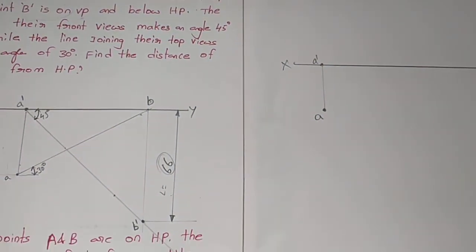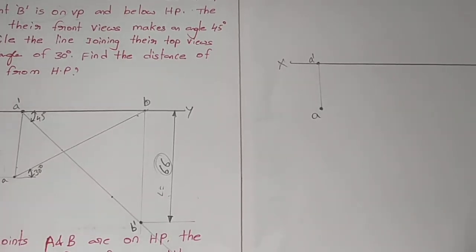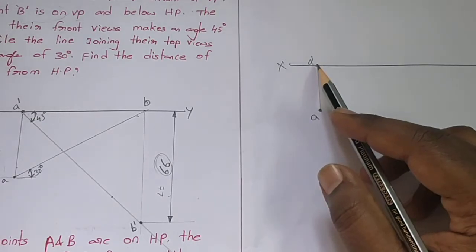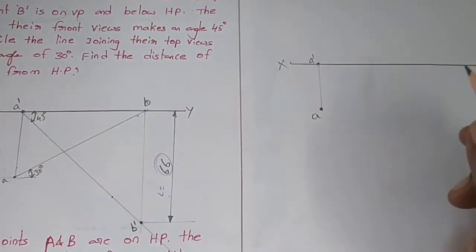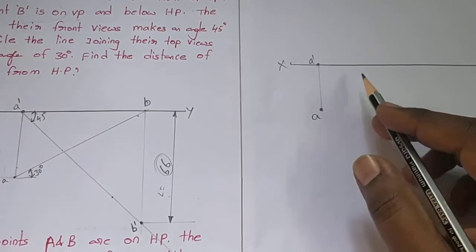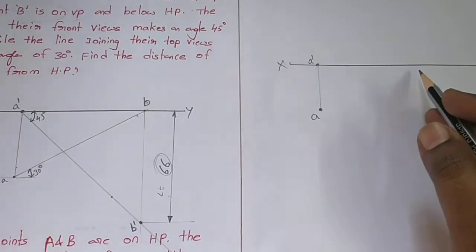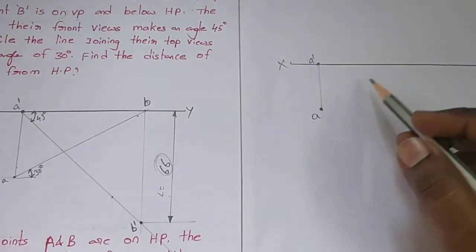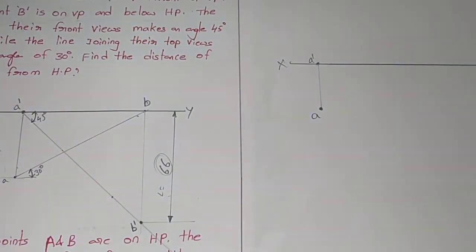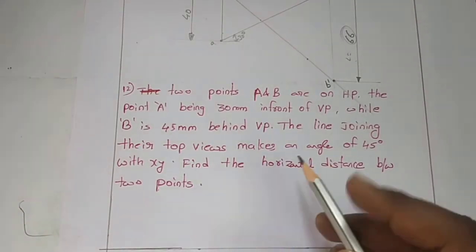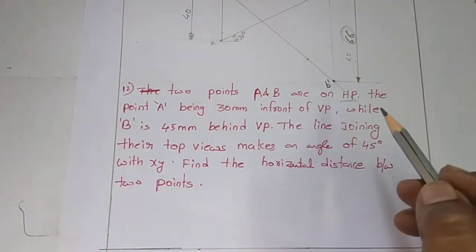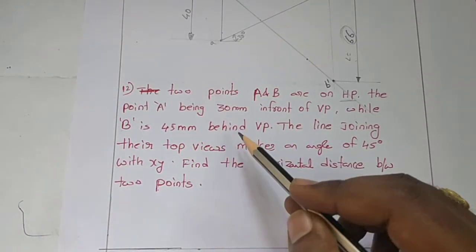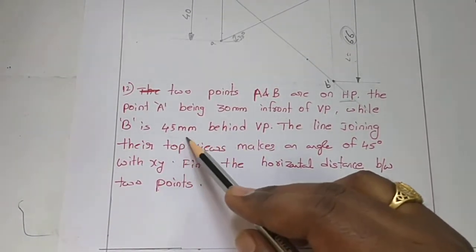Similarly, we need to find the projection of point B. For that, the distance between the projectors of A and B is not given, so we need to identify it. Here point B is in the second quadrant. Based on the given condition, point B is on HP and 40 mm behind VP. Behind VP means it is the top view.